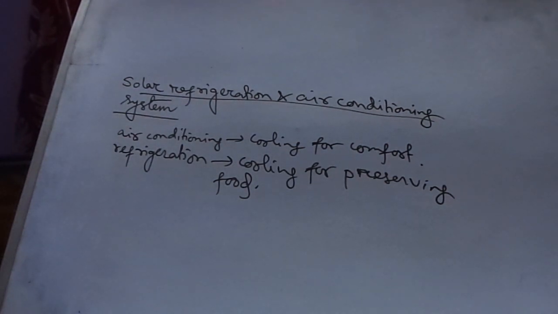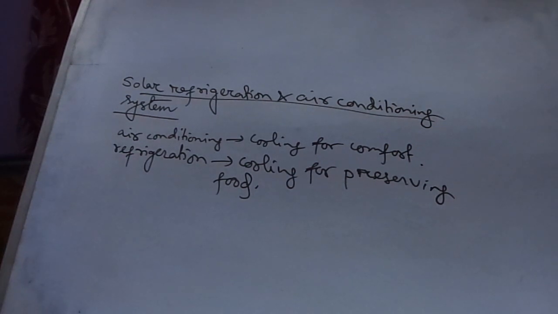There are several ways of using solar energy for cooling purposes. However, the one based on the absorption cycle is most widely used at present.